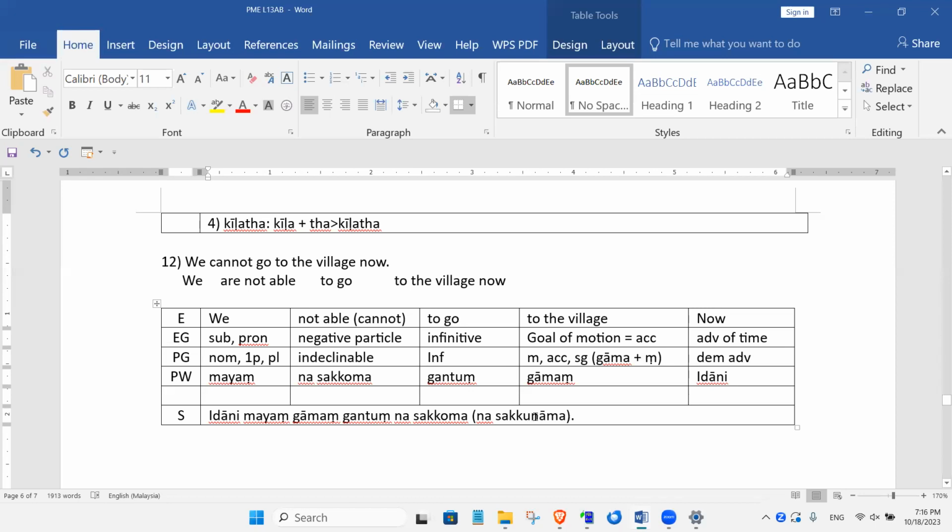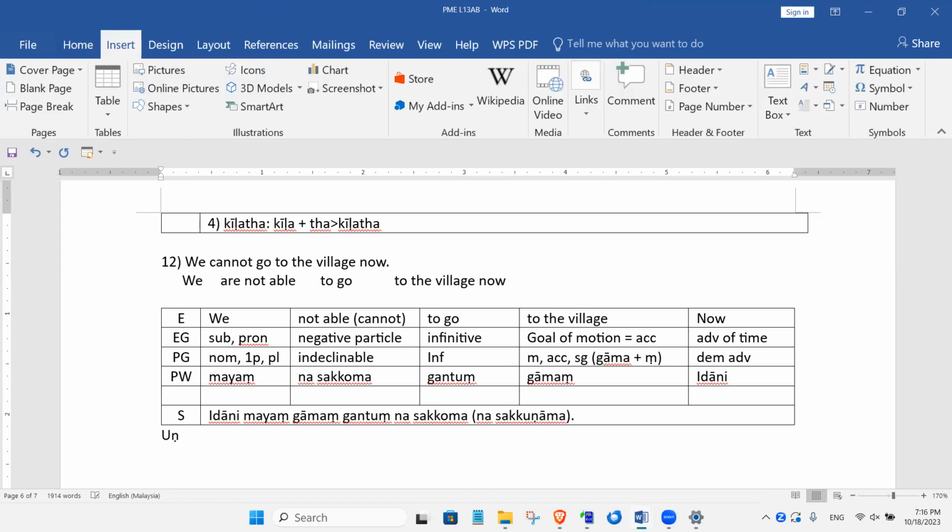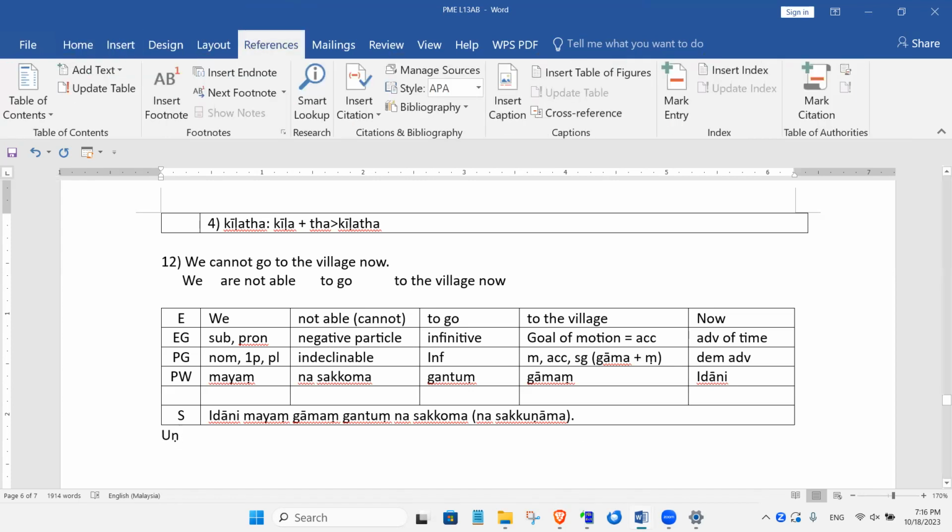I think there's a need for a dot here. Okay, you check. Sakunoma, there should be a lower dot. Yes, unna, the conjugation sign unna, the fourth. With the long A. Okay, all right.